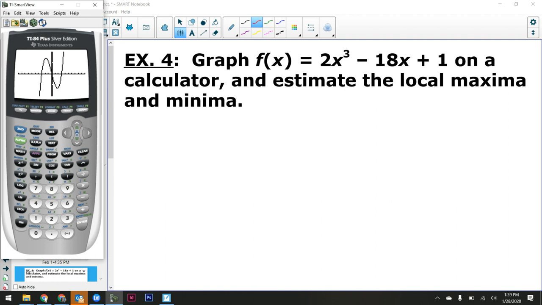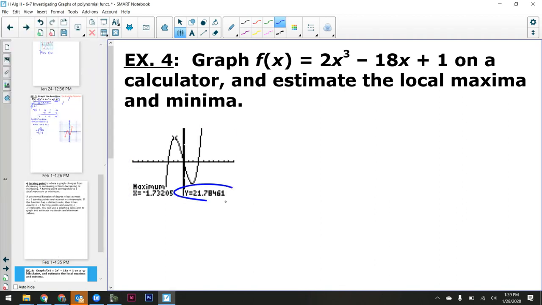Well, that means I'm going to go into the calculate button. So now if I want to find a maximum point, like the one that I have on the left side, I choose maximum, and then I go somewhere to the left of my peak, somewhere to the right of the peak, and then I hit enter, and that is my maximum value. The y value is my maximum value.